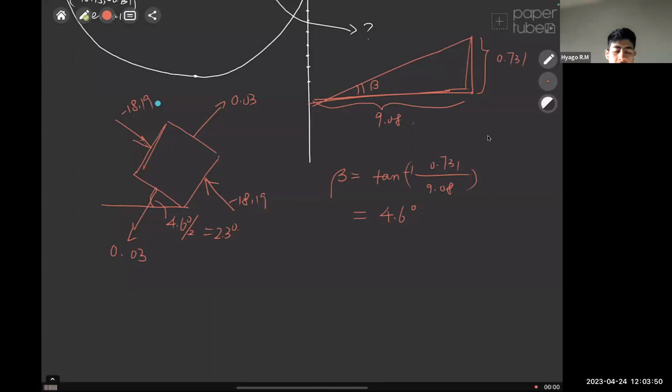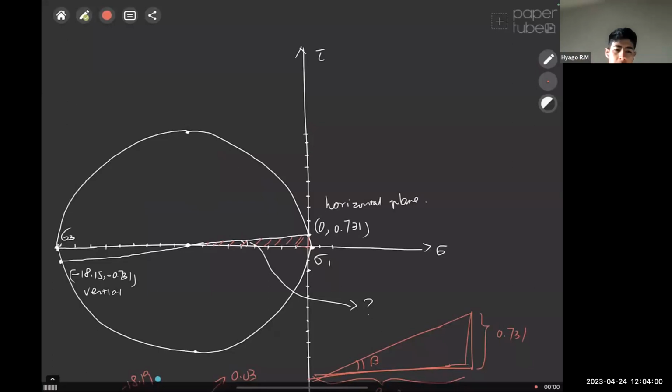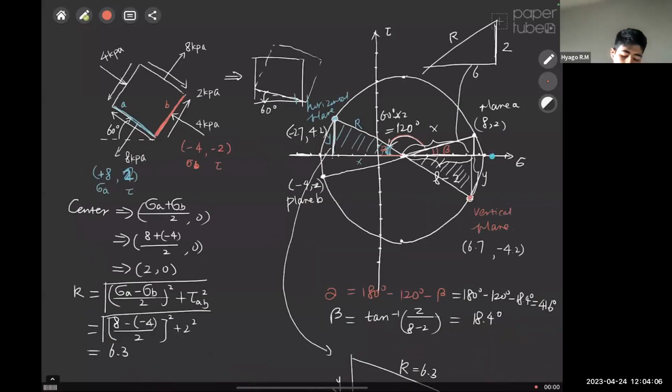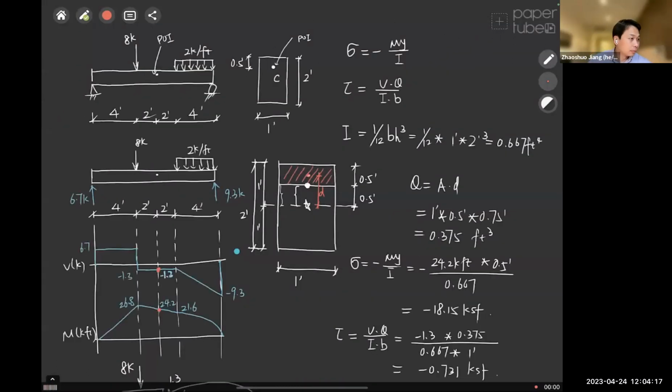Go ahead. I have a question. Can you go back to where you have the 6.7 moment for the AY and then the 8 kip going down? Where's the 1.3 come from? The tau 1.3. Are we talking about this? No, the problem we were just working on. Okay, this guy? Yes.